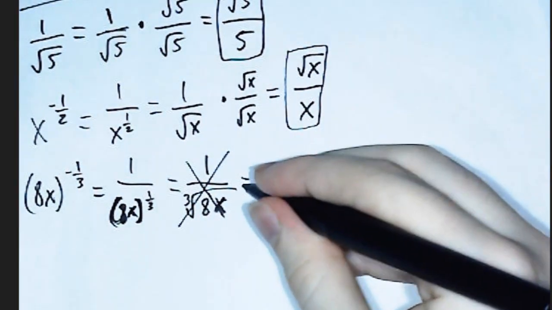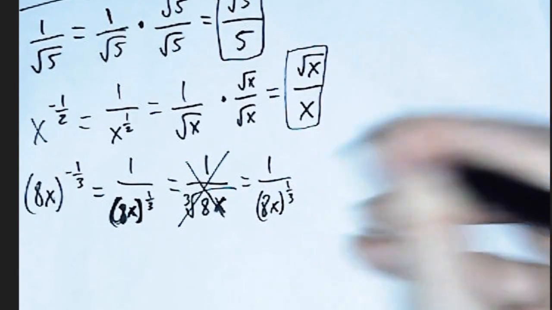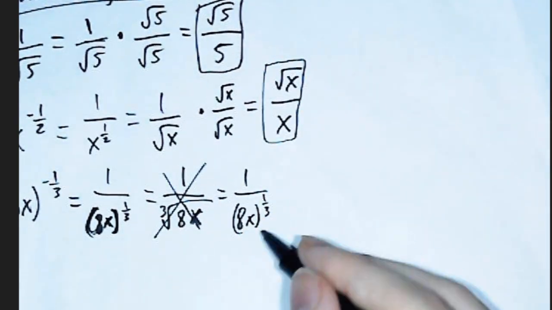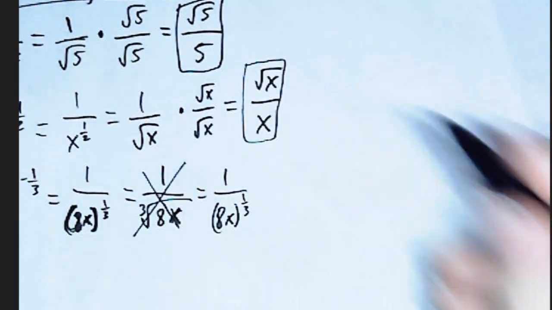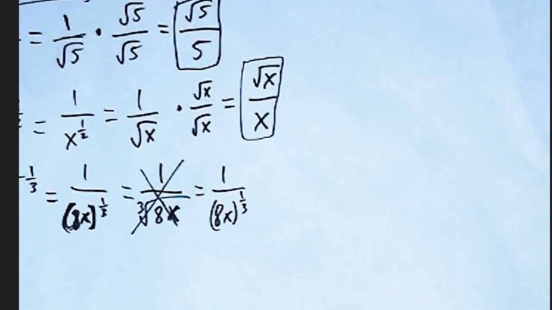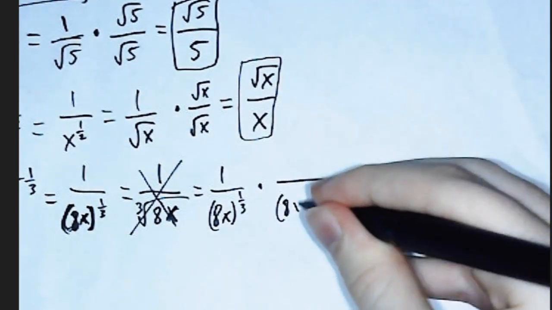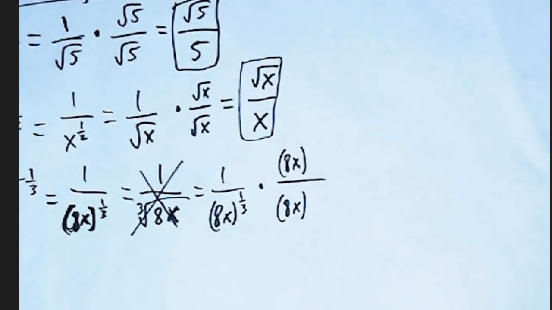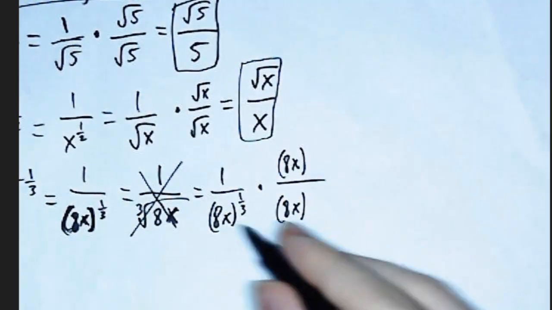Instead, let's leave it in exponential form for a bit. We are trying to make the denominator here into something that has an exponent of 1. So in order to do that, we're going to multiply the top and bottom by 8x to some power, but the power that we choose needs to make this denominator have a power of 1.